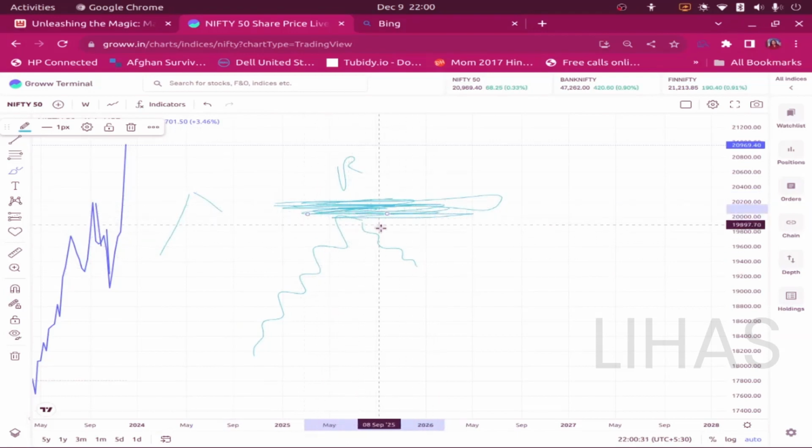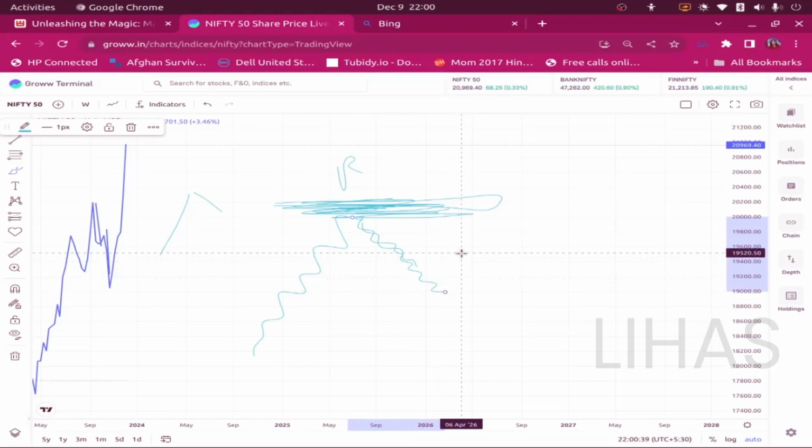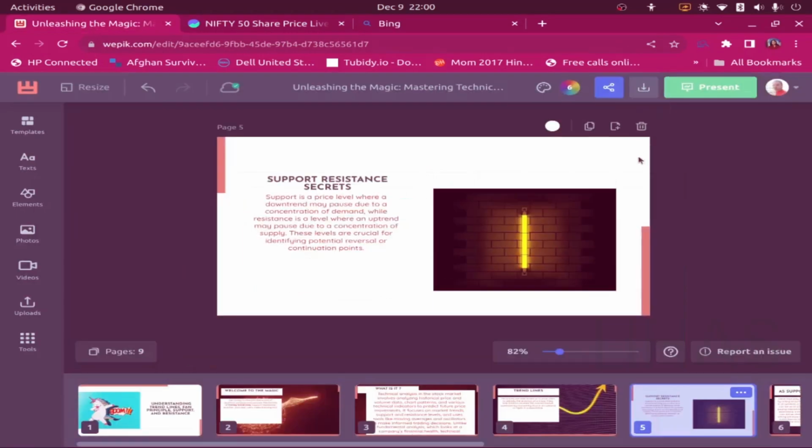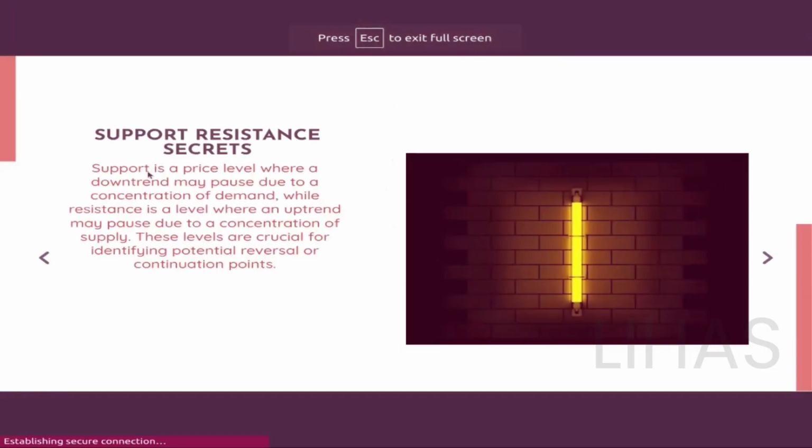Now what do you think, which kind of trend is this? This is a downtrend here, and when the downtrend changes the trend, that's just because of support here. Like what this PPT is telling you, support is a price level where a downtrend may pause due to concentration of demand, while resistance is a level where an uptrend may pause.